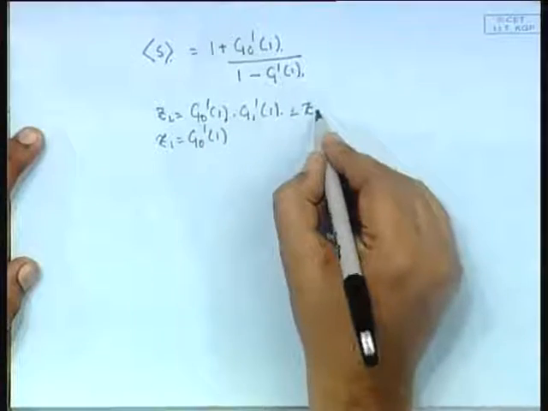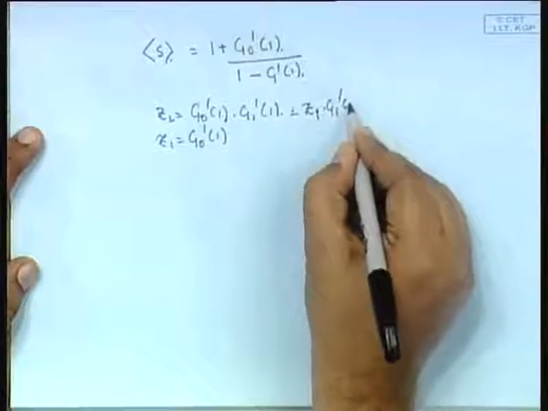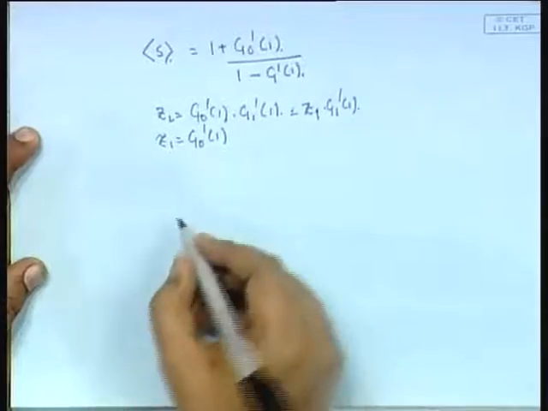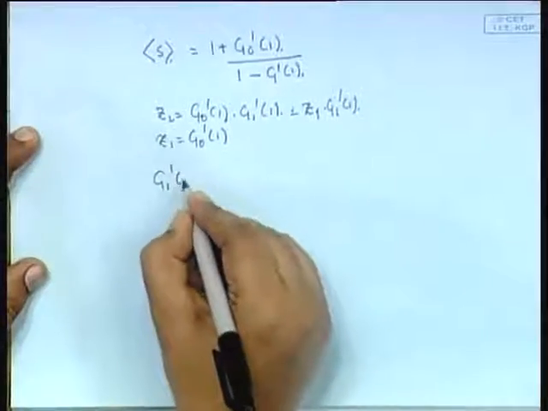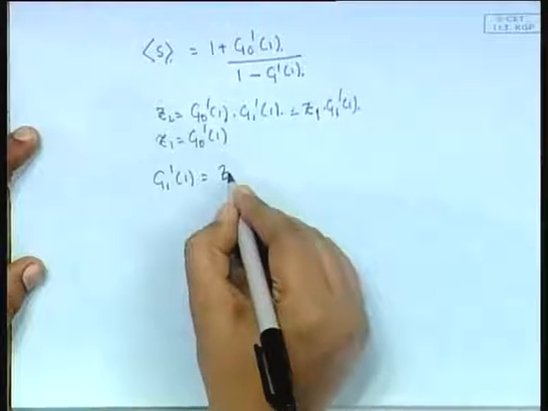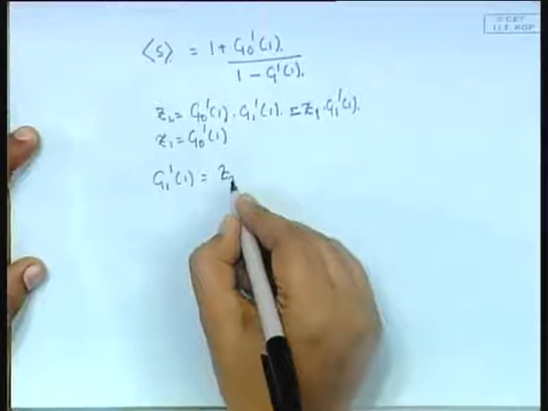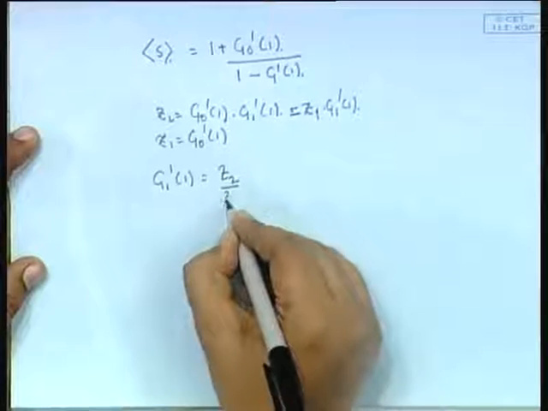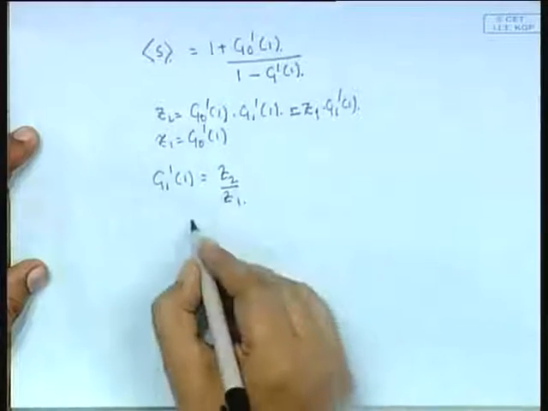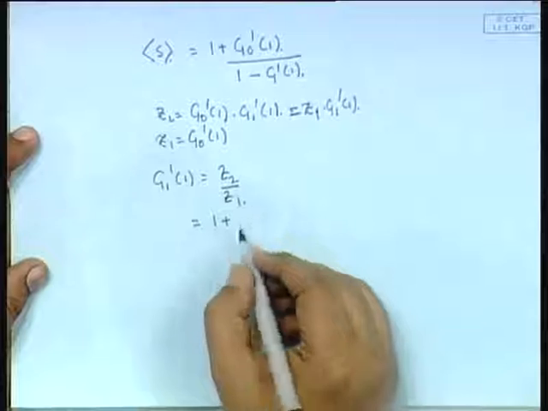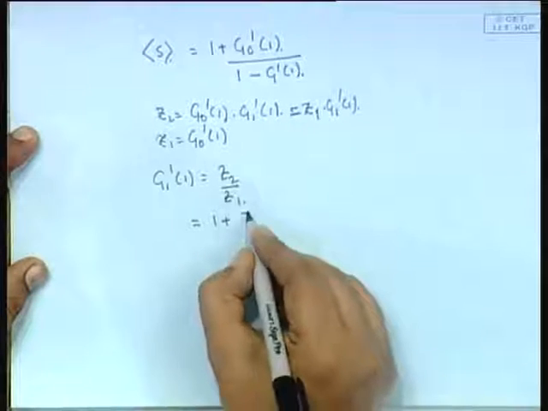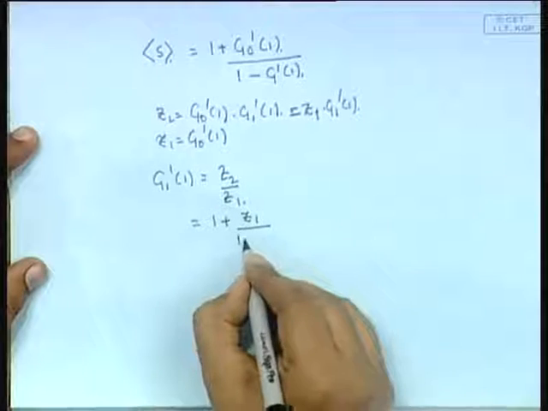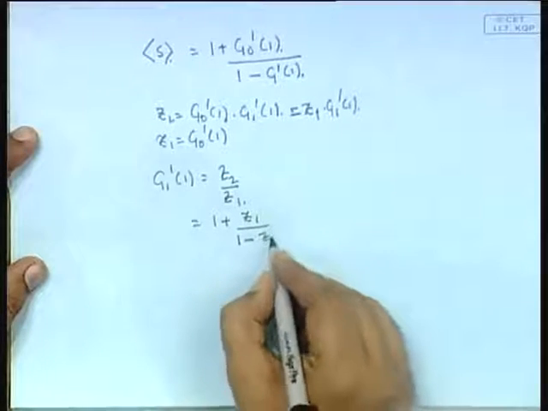Z 0 dash 1 is Z 1 into G 1 dash 1. Okay. So, what you can write is G 1 dash 1 is Z 2 by Z 1, and if you substitute here it will be 1 plus Z 1 and 1 minus Z 2 by Z 1.